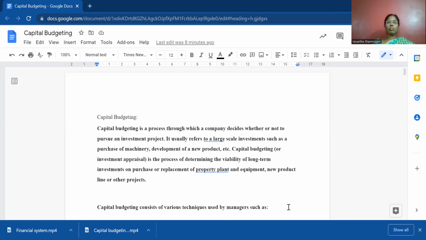It also refers to a large-scale investment such as the purchase of machinery. Capital budgeting includes the purchase of machinery, development of a new product, replacement of an asset, purchase of new machinery, everything comes under it.